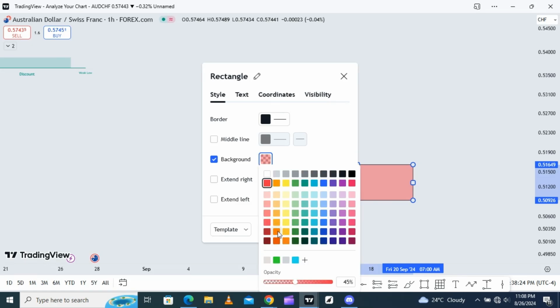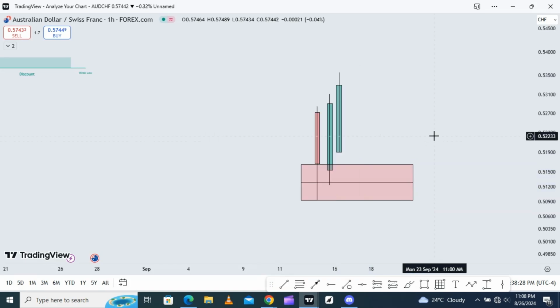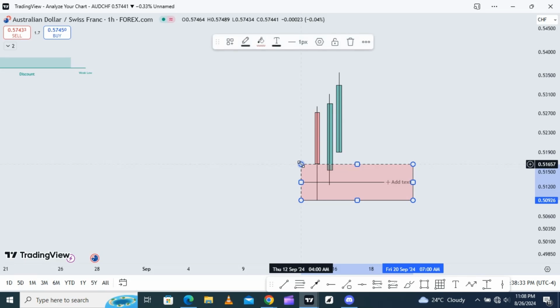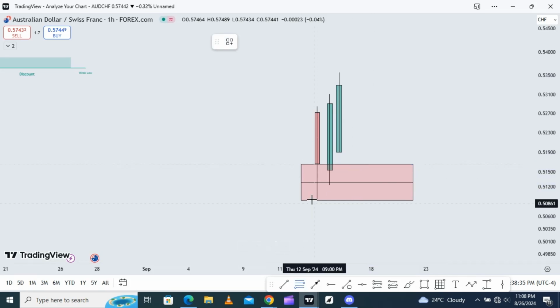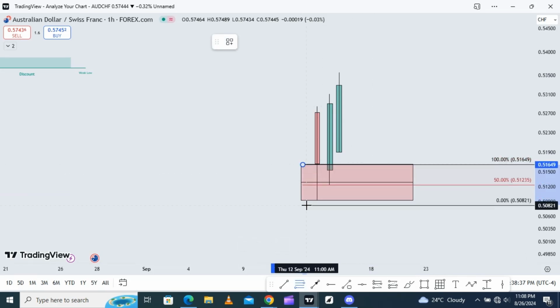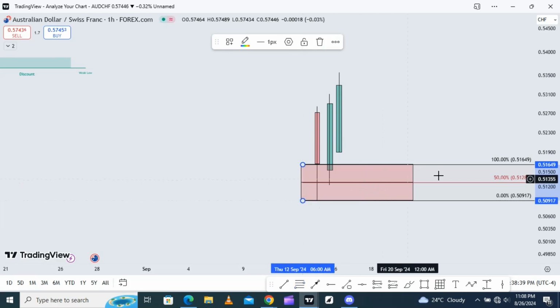So 50%, or we can use our retracement like this. So this is our 50%. This is our exact fair value gap.